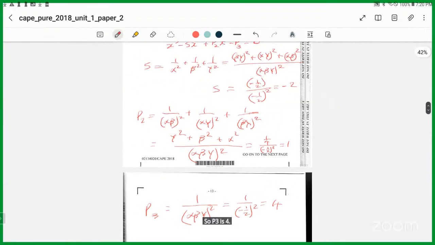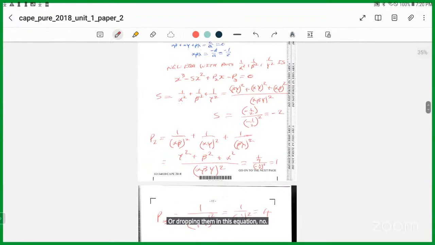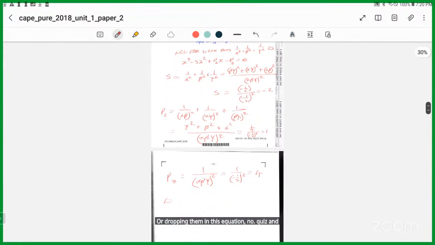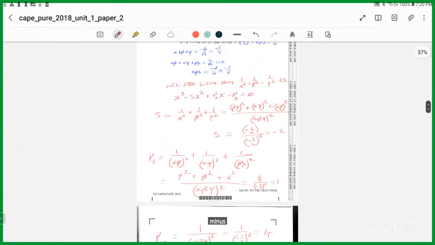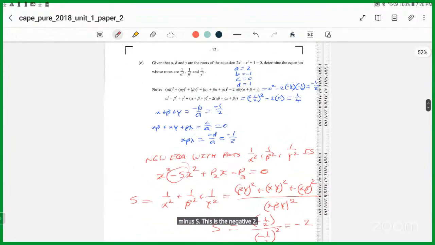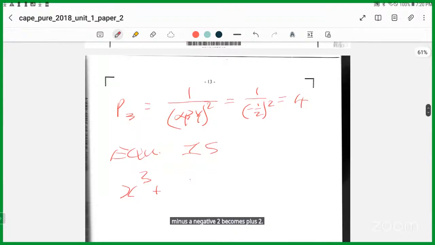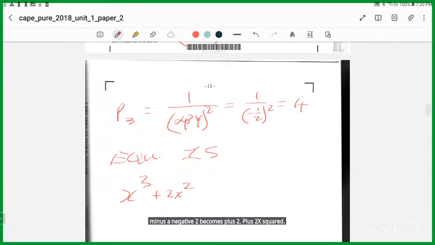So those are the values. We're dropping them into this equation now. So the equation becomes x cubed minus s, and s is negative 2. So it's minus s, a minus a negative 2 becomes plus 2. So you get plus 2x squared, plus p2 x.